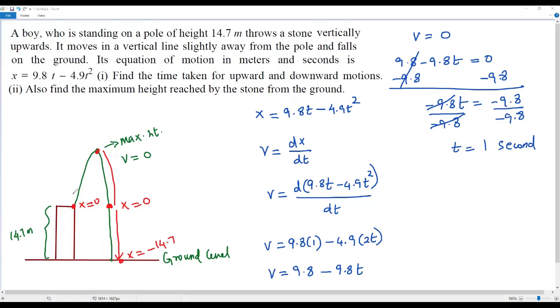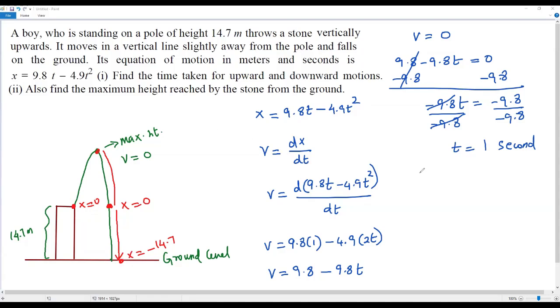So the stone started moving from x equals 0, and the final destination is x equals negative 14.7. Now in the equation of motion, if I plug in x equals negative 14.7, I'll get the total time taken by the stone to travel from x equals 0 to x equals negative 14.7.